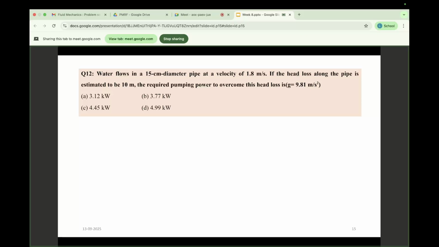Now in this question, it is given that water flows in a pipe, where the velocity is also given. The head loss is given as 10, that means HL is given. You are asked to find the pumping power to overcome these head losses, and the value of g is given. So it's a simple thing. You know the formula of power loss.